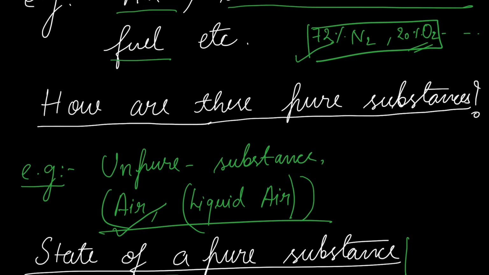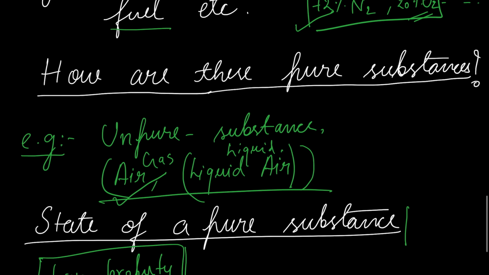This is an impure substance. And again, you can see there are two phases. One is a gas phase, one is a liquid phase, which are existing together. So this is very important. These are very subtle things in thermodynamics, but these are very important things as we continue in our next lectures.